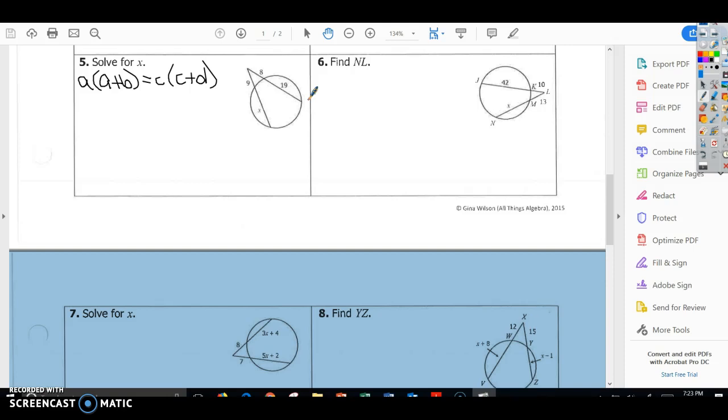All right, so for number 5, let's start with the variable first. So we're going to have 9 times (9 plus x). And then the other side is going to be 8 times (8 plus 19).